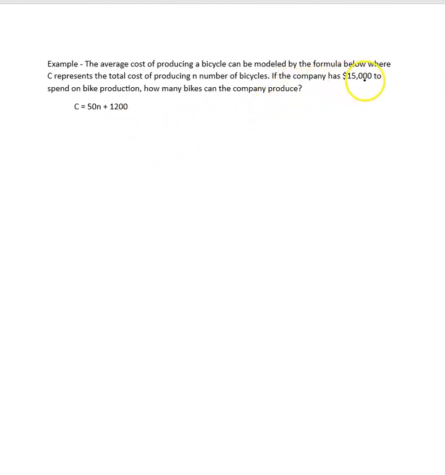So we were told that the company has $15,000 to spend on the bike production, and we want to know how many bikes can the company produce. So we were given one of the values and we're asked to solve for the other one. So what we have to decide is, is the 15,000 representative of C or N? Well, remember that C is the total cost of producing and N is the number of bicycles.